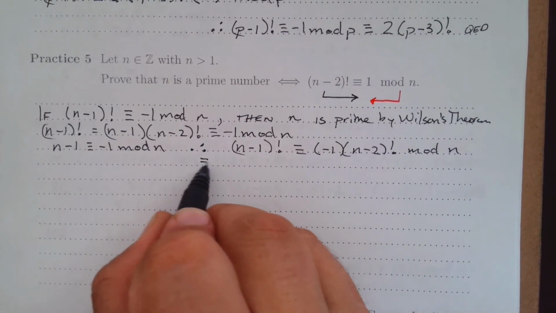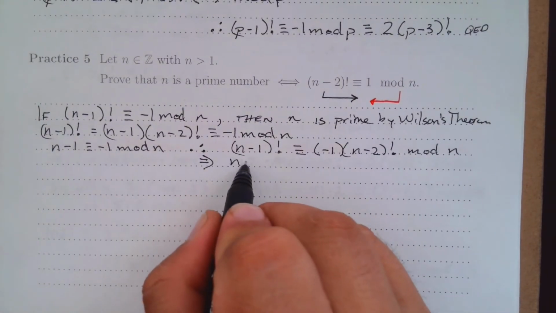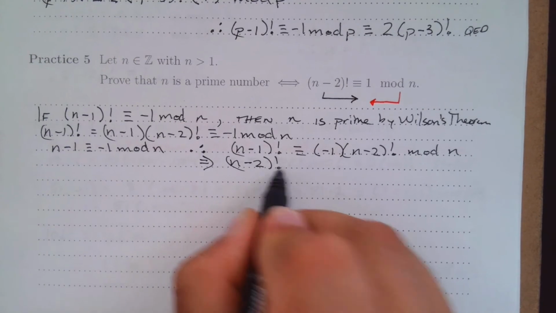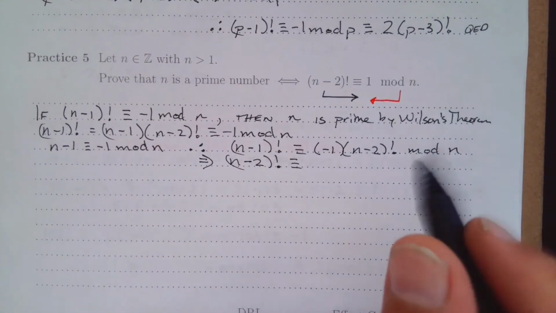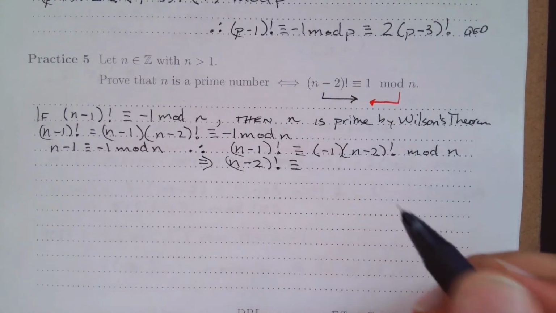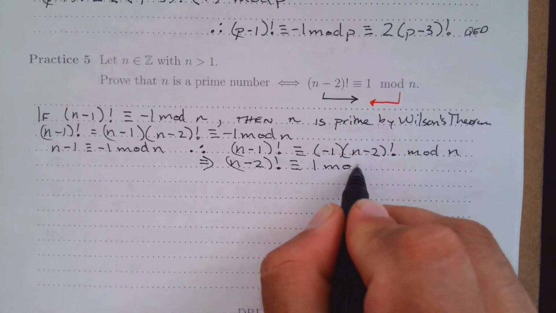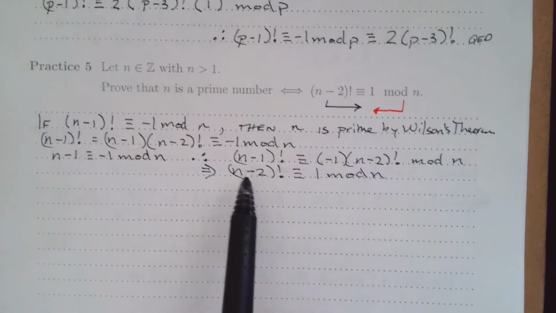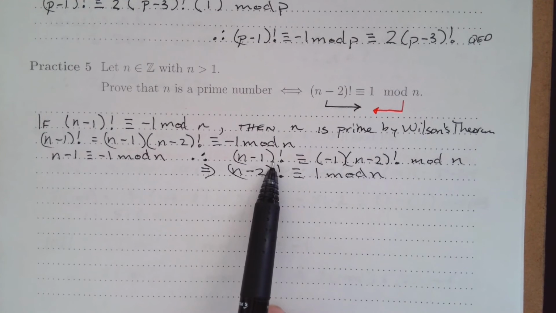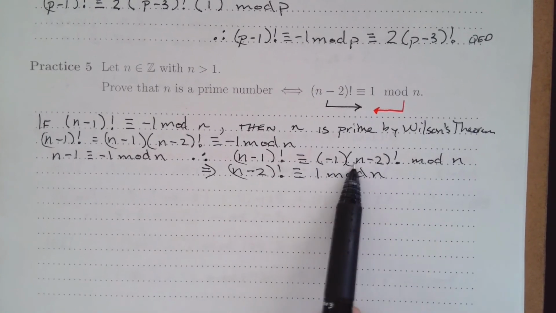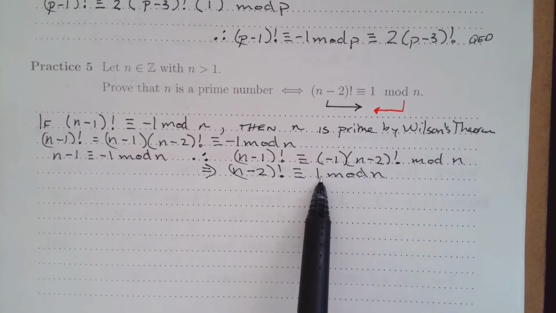Which implies that (n minus 2)! is equivalent to 1 mod n. Because we know (n minus 1)! has to be negative 1, so this (n minus 2)! has to be positive 1.